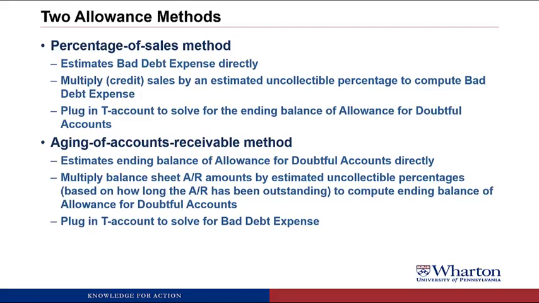So for example, accounts receivable outstanding for less than 30 days will have a smaller percentage than accounts receivable that have been outstanding for more than 90 days. So once you multiply all the accounts receivable by the percent of them you expect not to collect, it'll give you an ending balance for allowance for doubtful accounts. You plug that into your T account, and that'll allow you to solve for bad debt expense.